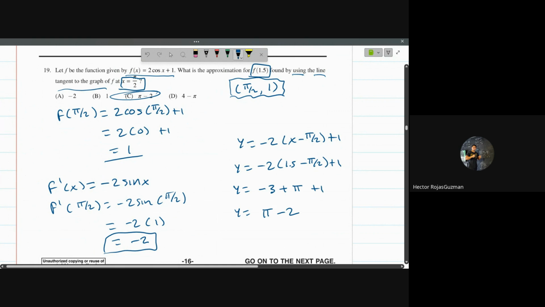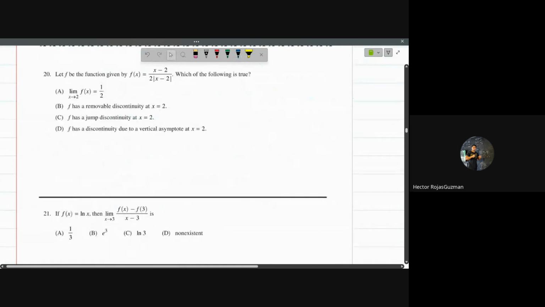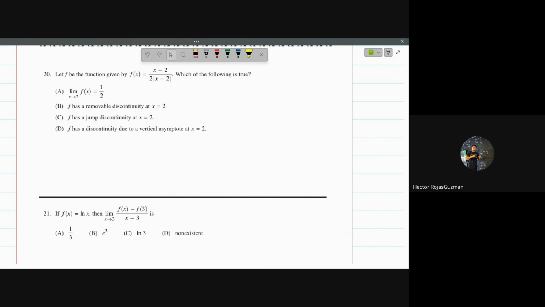Okay. 20. We have a function. Which of the following is true? Well, you should probably graph this one.